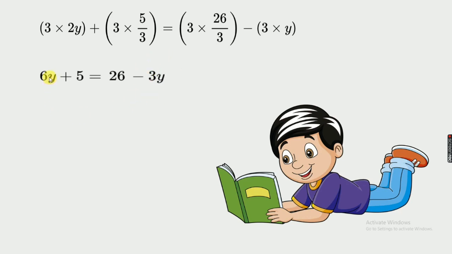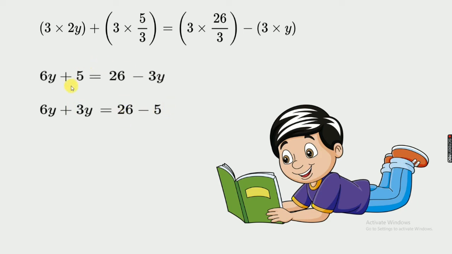Now we would transpose this y to the left hand side and this 5 to the right hand side so that we can find out the value of y. Okay, let us do 6y plus 3y. As we have transposed this 3y and it was in negative sign, when we shifted it to the other side, it became positive.